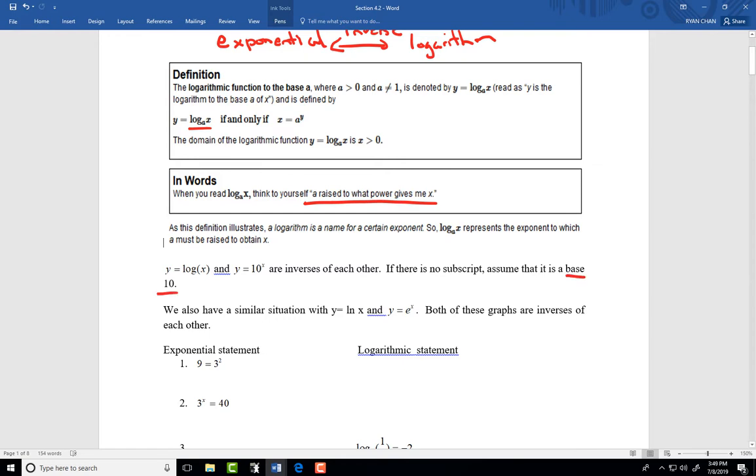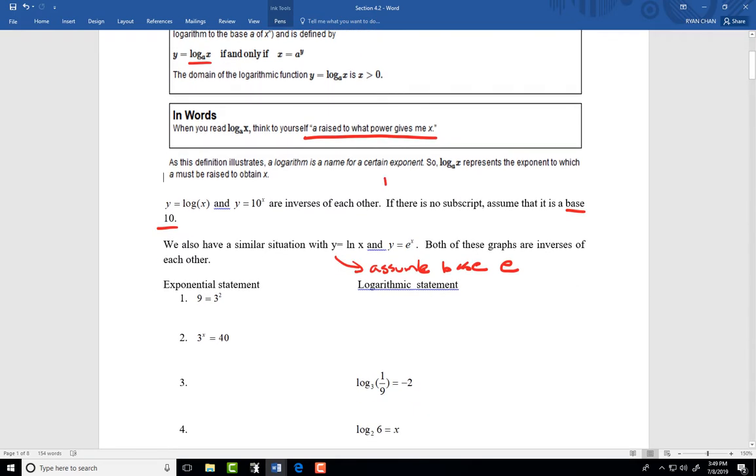And if I see natural log with no number below, I assume it is base e, okay? But if I have something like log base 5 of x, right, my base would be 5, okay, for the following here.